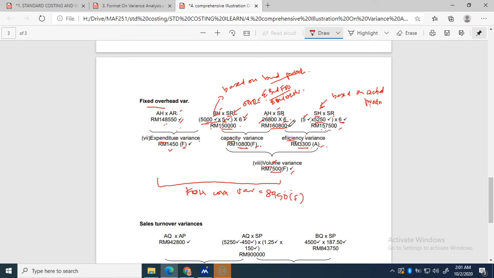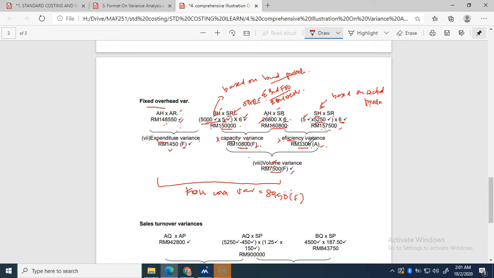Let's say the question asks you to calculate expenditure and volume only. To make a shortcut method, you do not have to calculate capacity and efficiency. Straight away you can get the volume. Volume comes from capacity plus efficiency. Capacity is column 2 and column 3, whilst efficiency is column 3 and column 4.